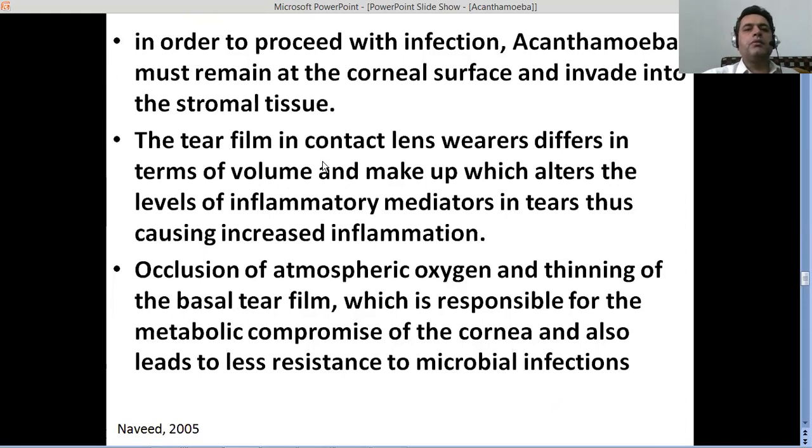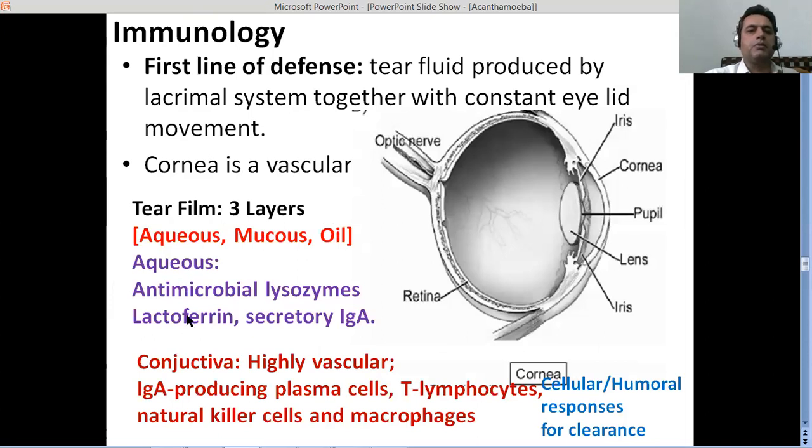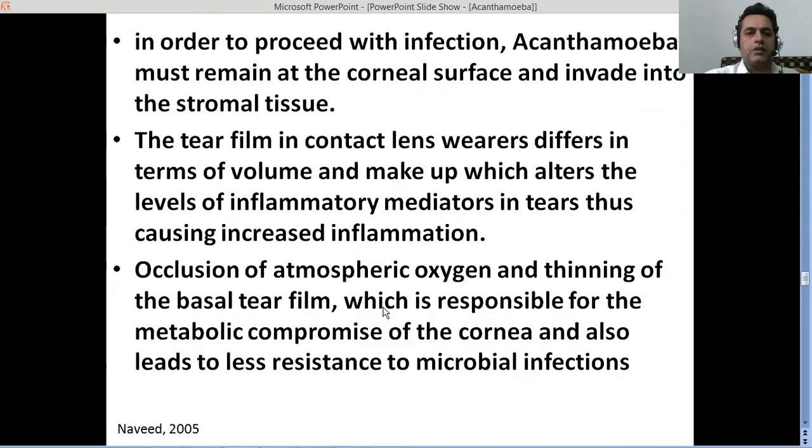wearers is that the tear film in contact lens wearers becomes thinner, and that would actually change the level of the inflammatory mediators which are present in the tear film. We talked about these inflammatory mediators: antimicrobial lysozymes, lactoferrin, secretory IgAs, etc. When the tear film or your protective response is under stress for some reason, it means you are more prone to develop this condition.